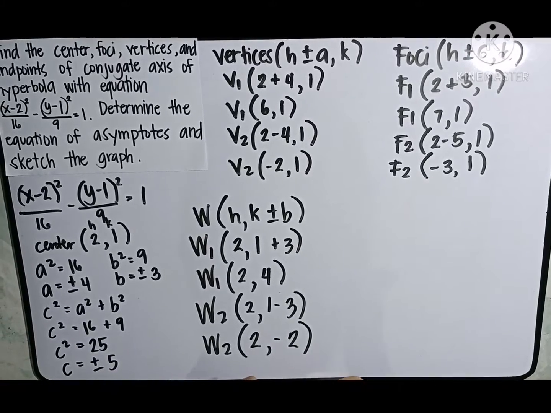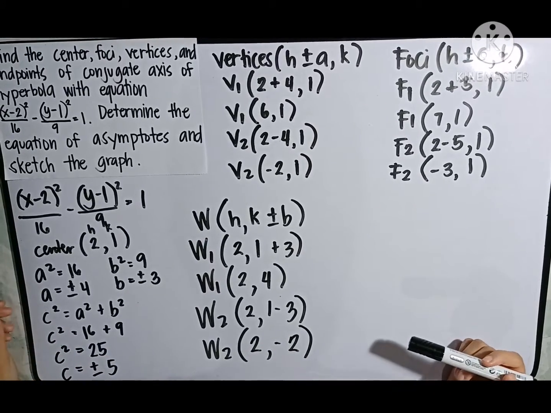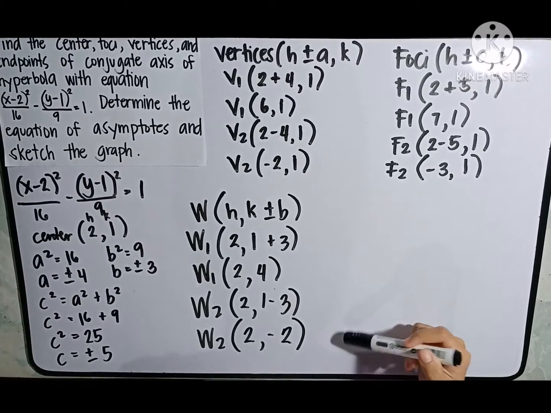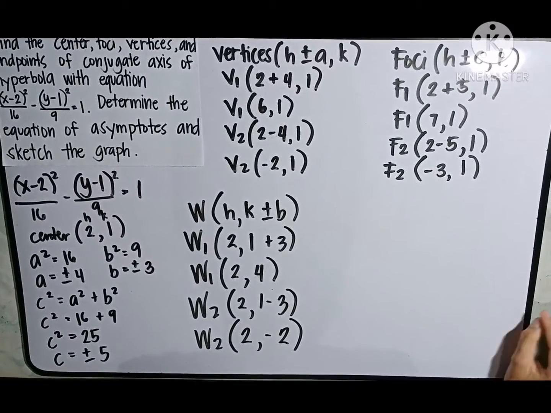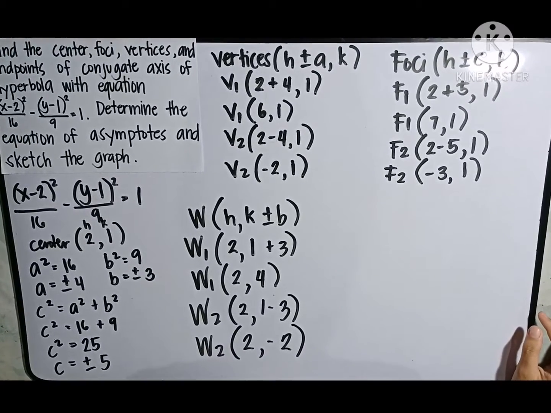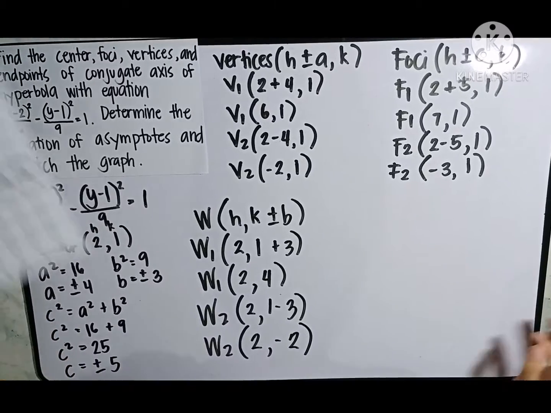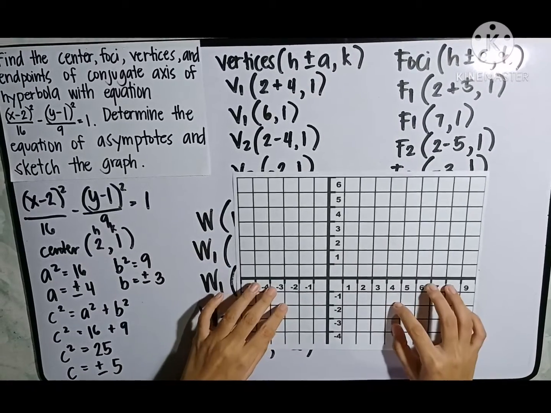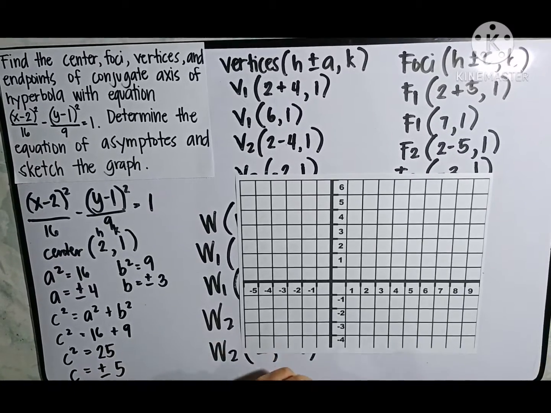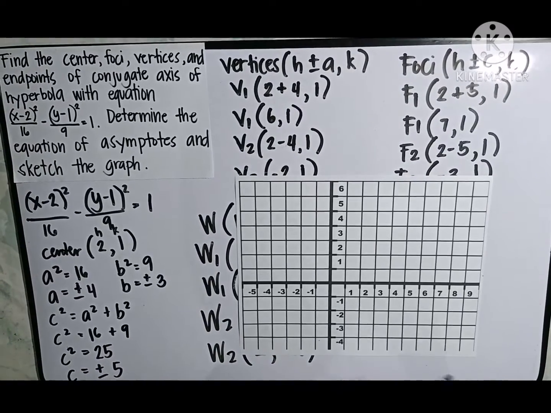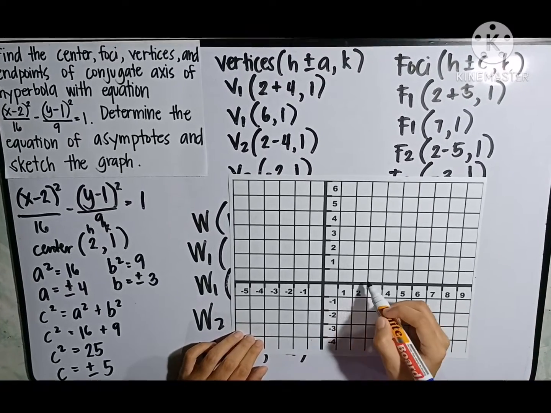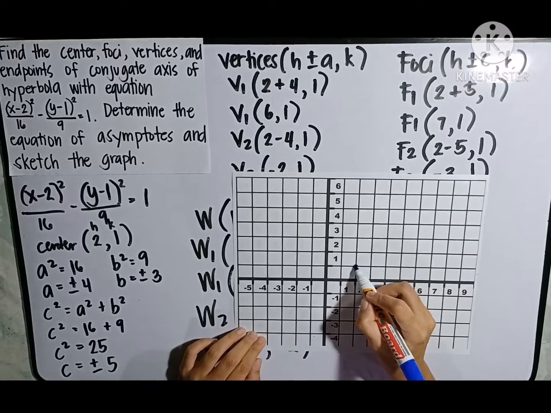Now that we already have the center, the foci, the vertices, and the endpoints of the conjugate axis of the hyperbola, we can now graph the equation and find the equation of the asymptotes. First, let us graph the center, which is at 2, 1.